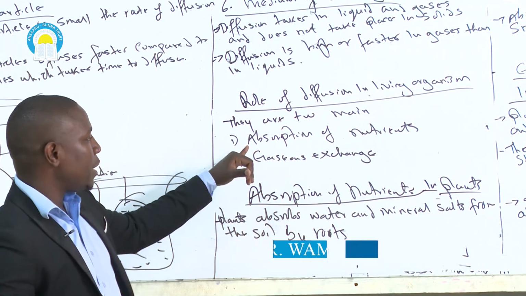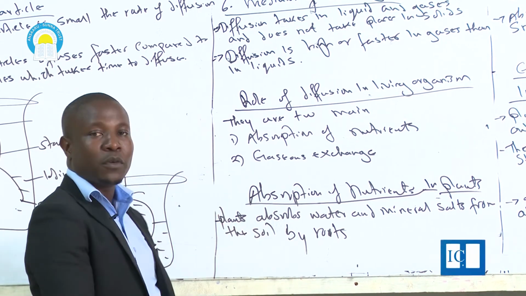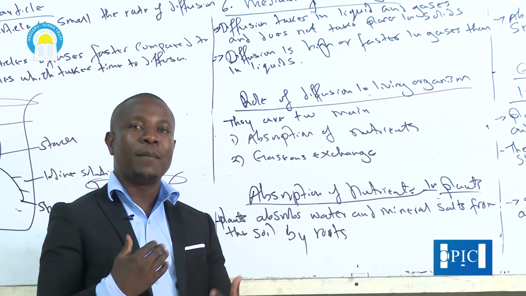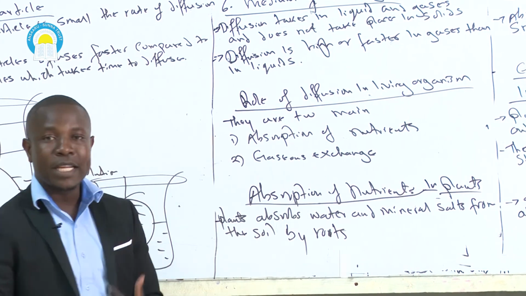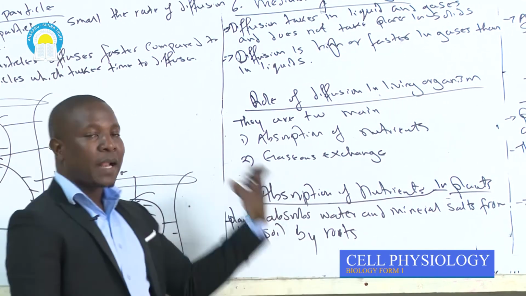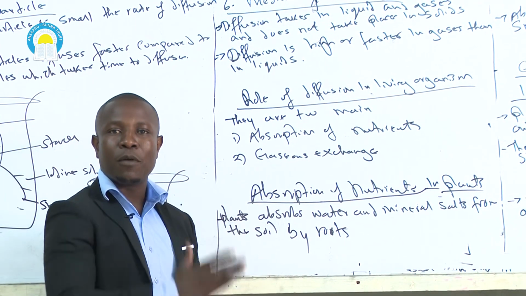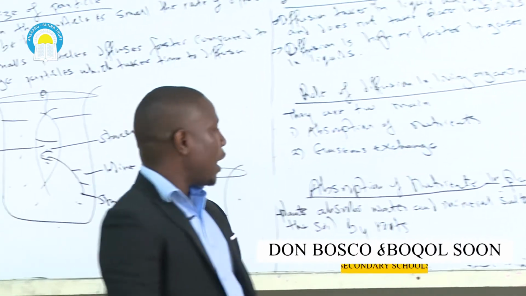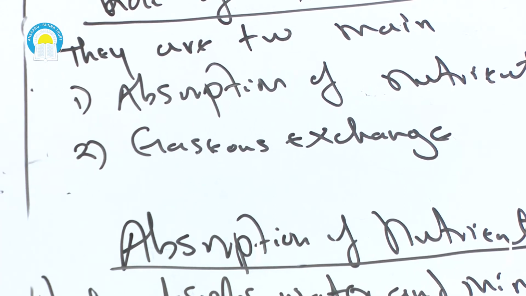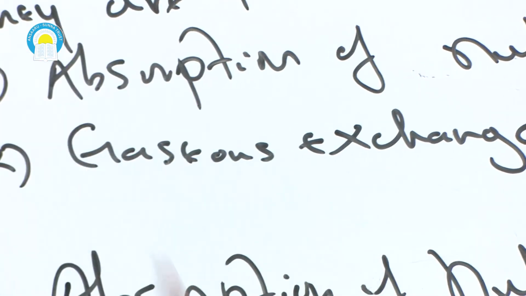And in human beings or in animals, the absorption of digested food takes place in the alimentary canal, where? In the small intestine. And talk about gaseous exchange, it's where plants take in carbon dioxide and give out oxygen, and animals take in oxygen and give out what? Carbon dioxide.